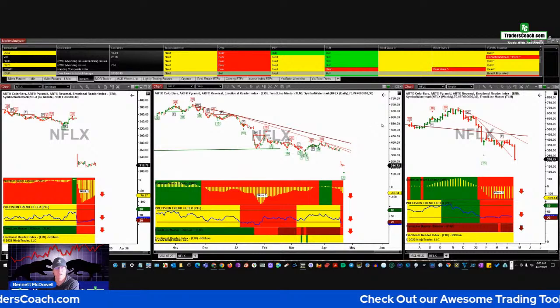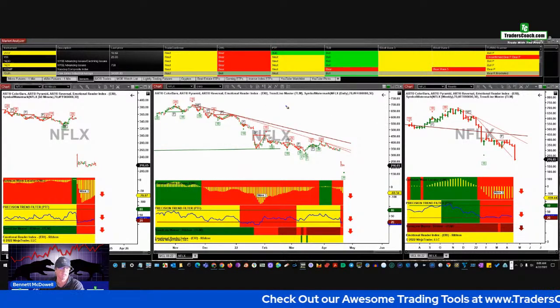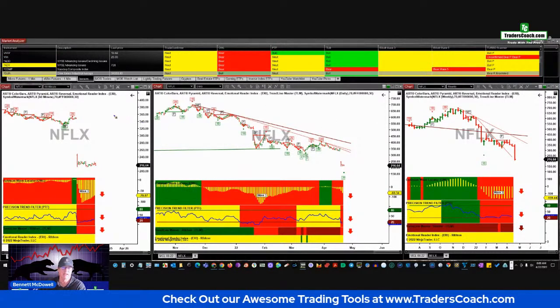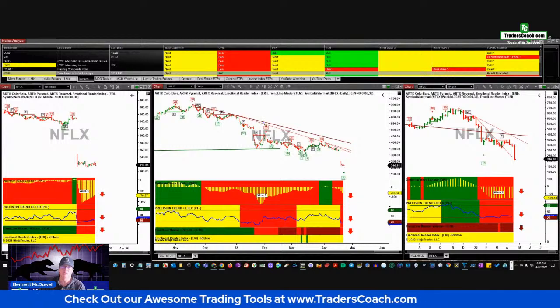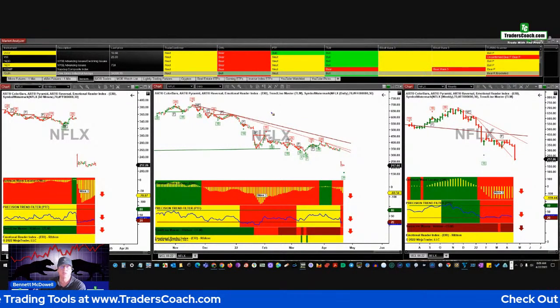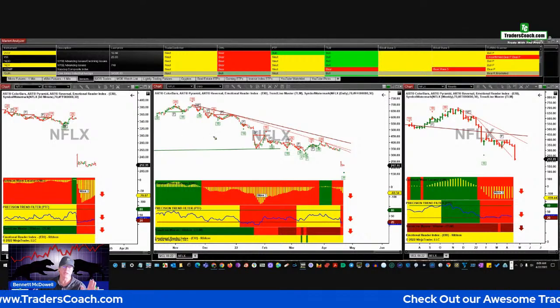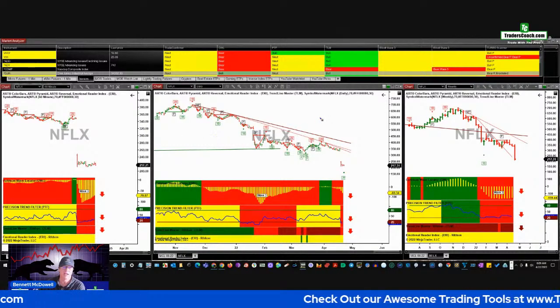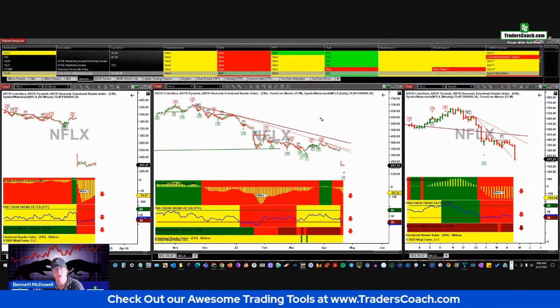So it's definitely bearish. Now, when we take a look at a stock or a future, whatever we look at, an index, we use multiple time frame analysis with our trading tools. And when we use multiple time frame analysis, what we're doing is looking at 3 different time frames. And the time frames you choose will be dependent upon what kind of trader you are.